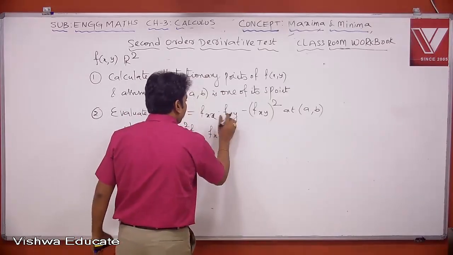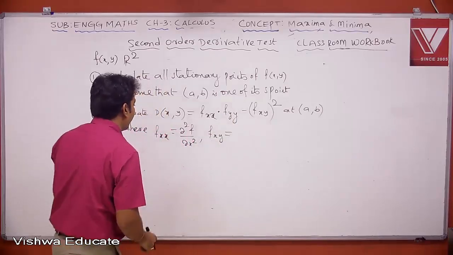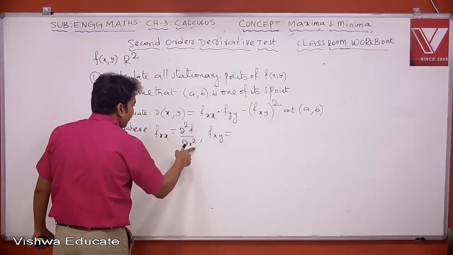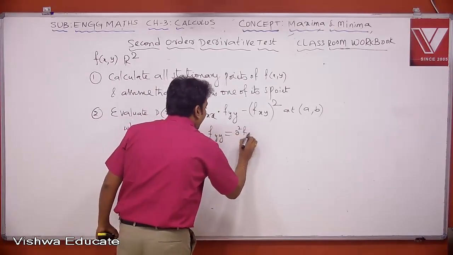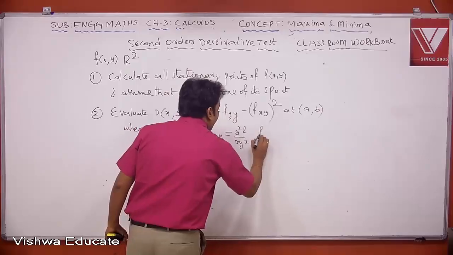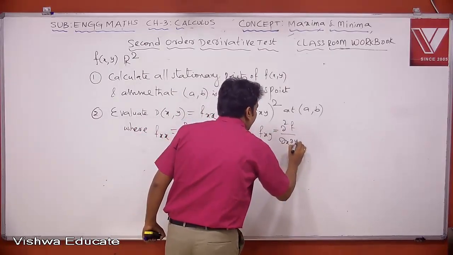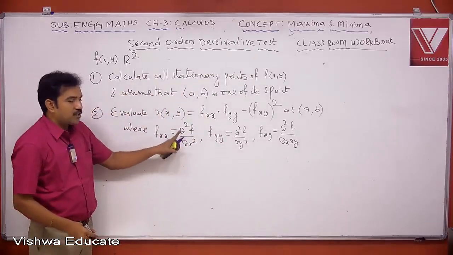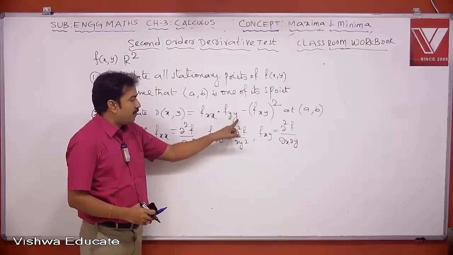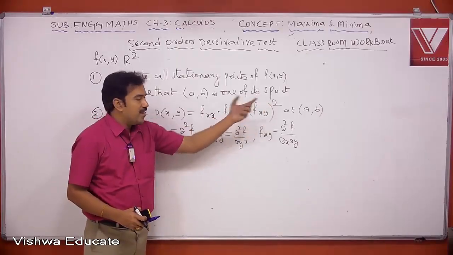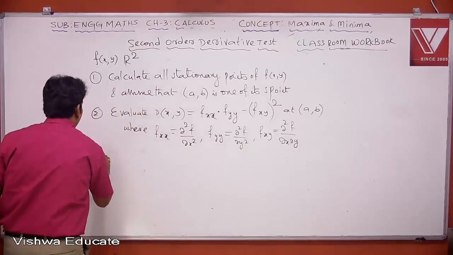So fxx equal to dou square f by dou x square, fyy equal to dou square f by dou y square, and fxy equal to dou square f by dou x dou y. All are second order partial derivatives. Evaluate this expression fxx into fyy minus fxy whole square, and in this expression replace x by a and y by b.